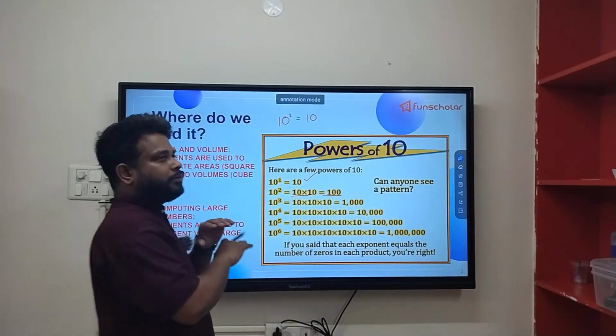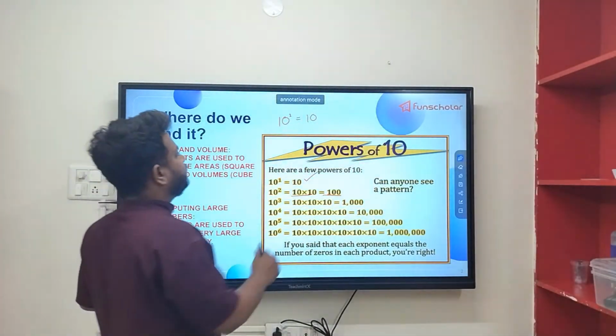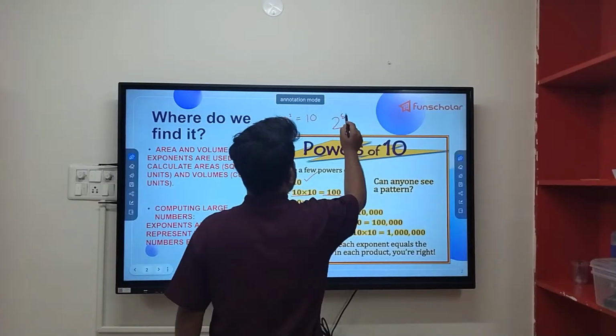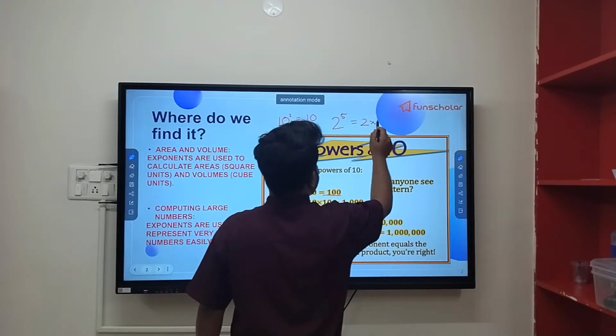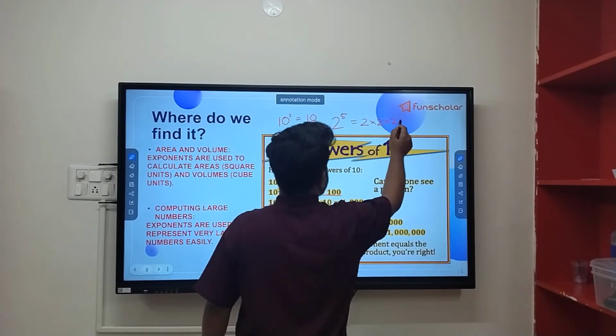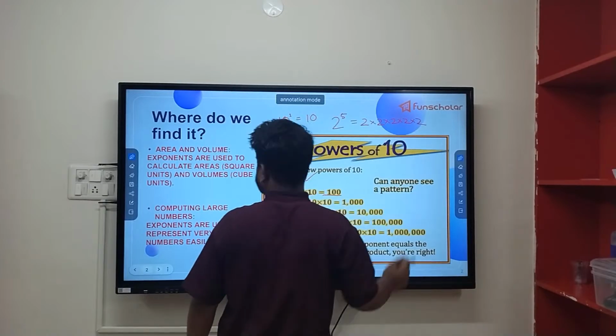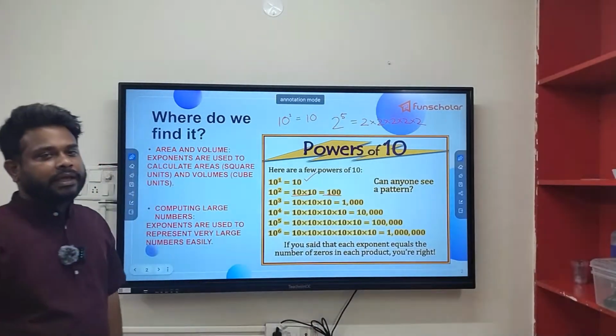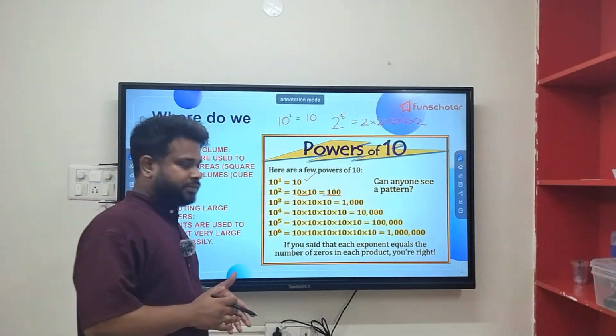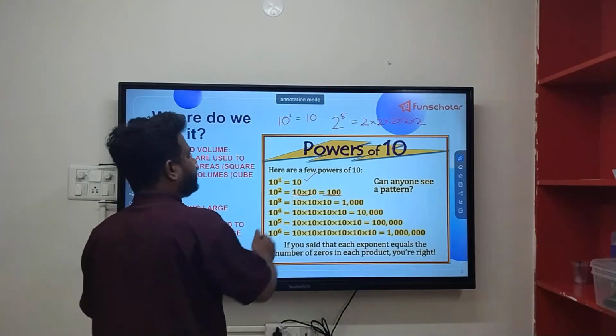This goes for all kinds of numbers. If I write 2 to the power 5, it means 2 into 2 into 2 into 2 into 2. That means we have to multiply 2 with 2 five times. So this is the power.